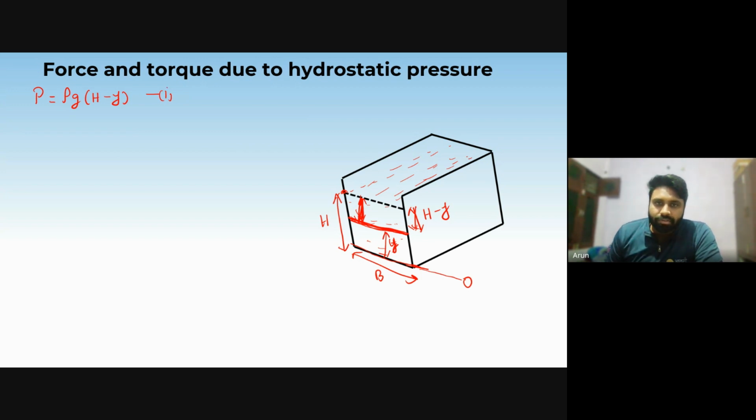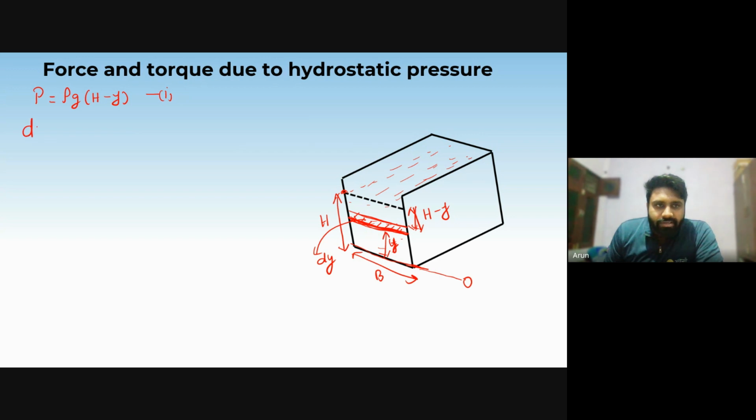Now to calculate the force, you need some kind of area, and you know that pressure is not constant throughout. It will vary as y varies. So we will consider a strip of length dy, which means the height is dy, and the length is b. This strip is very small, so the force acting on this strip will be very small.